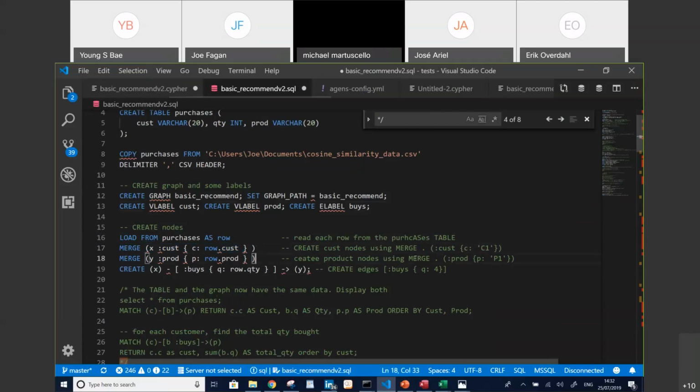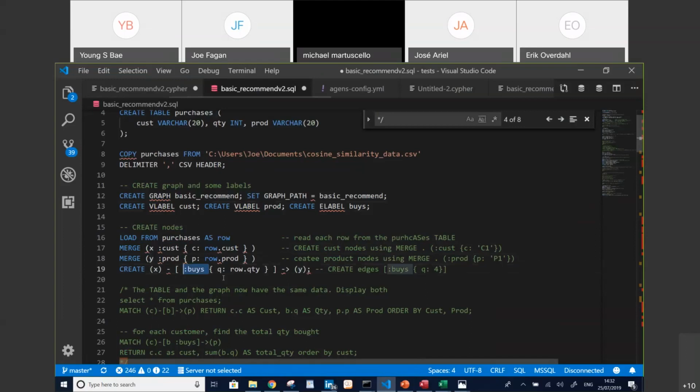And this will do almost the same. It'll go to the product column in the row, which happened to say P1, and it'll create a node of label product, and it'll put P1 in that value. And finally, I want to merge those two together with the quantity, which is the middle column. So I merge my X to my Y, and I set the label as buys.